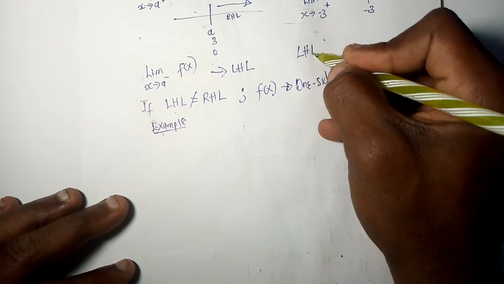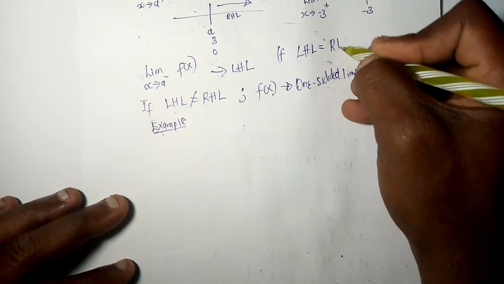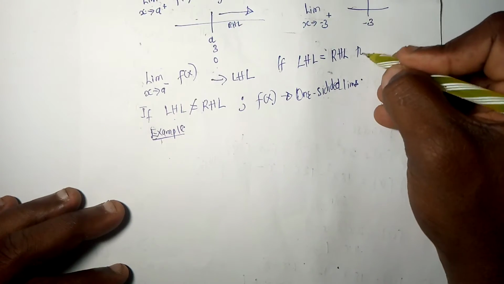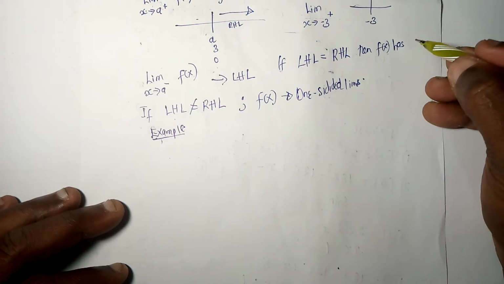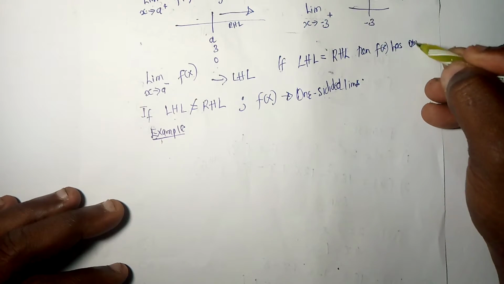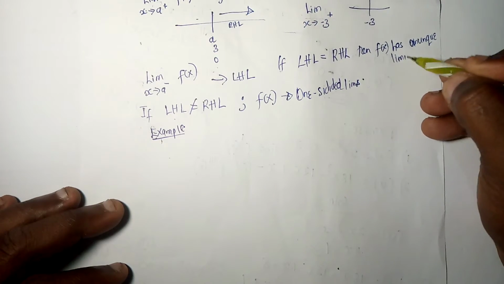So if LHL is equal to RHL, then the function f of x has a unique limit.